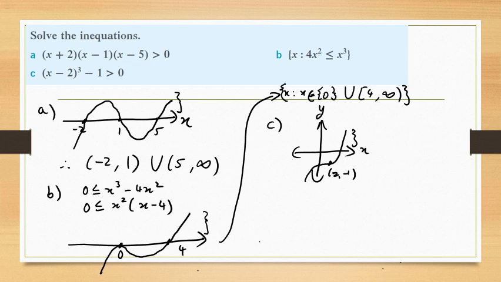So our x-intercept is when y is equal to 0, so we have (x - 2) cubed minus 1 is equal to 0. Put the 1 over. Cube root of 1 is actually just a 1. So x is equal to 3. What that then means is we want 3 and to infinity, because we want it greater than 3.